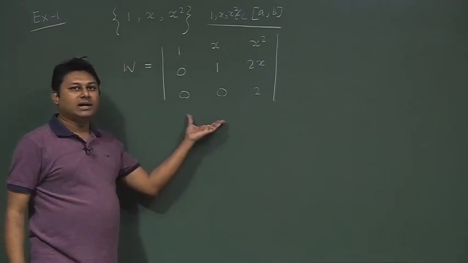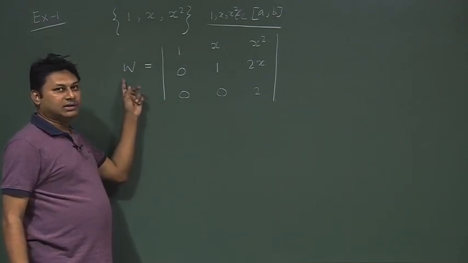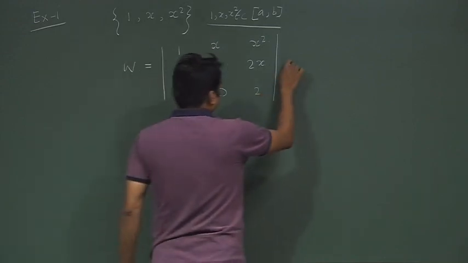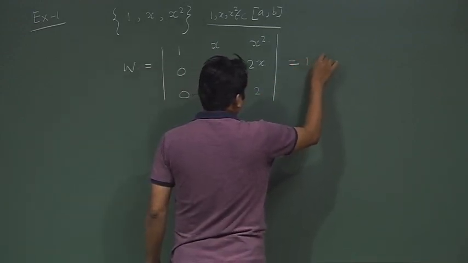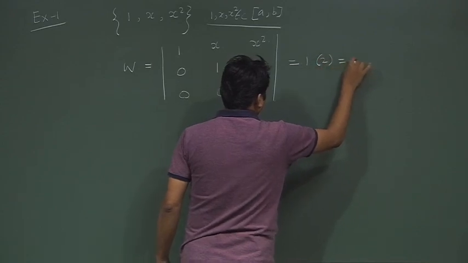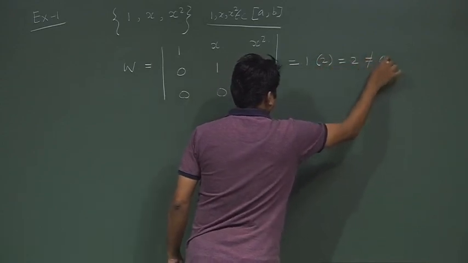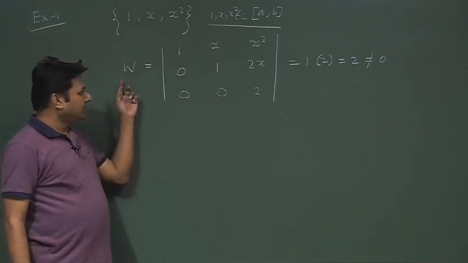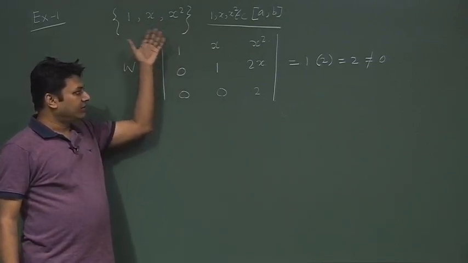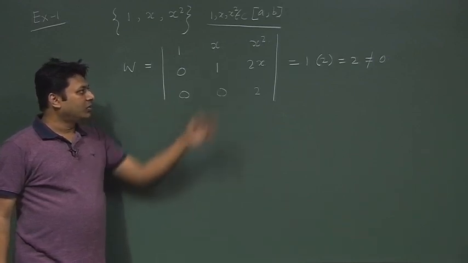This is my Wronskian, as simple as that. The value will be simply 1 multiplied by 2, which is 2, not equal to 0. So the Wronskian of this given set of functions is not equal to 0.